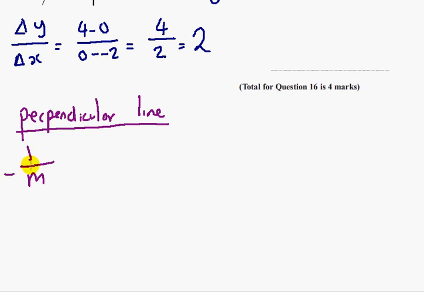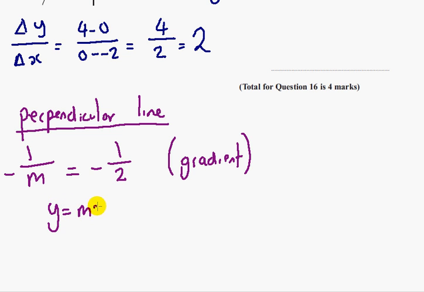It was 2 before, so -1 over 2 is the gradient for the perpendicular line. So once again we're going to use y equals mx plus c. So for our perpendicular line, we know it's y equals -1/2 x plus c.